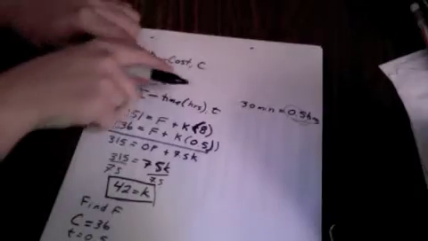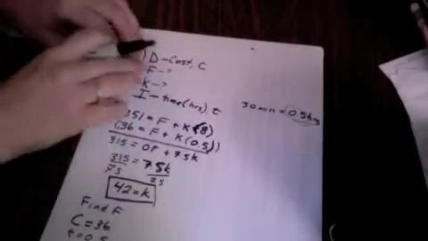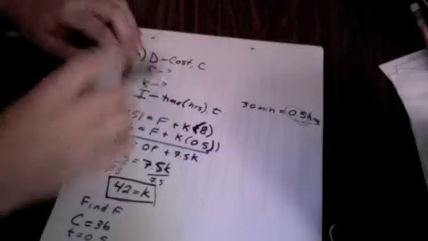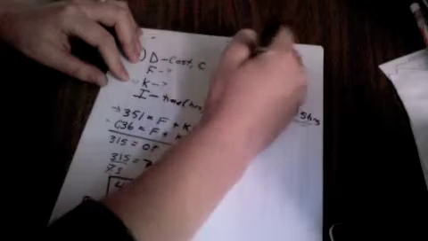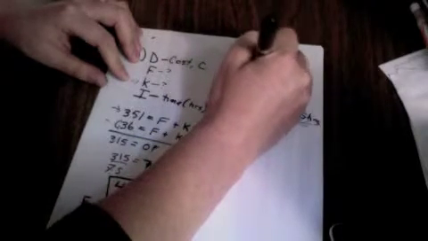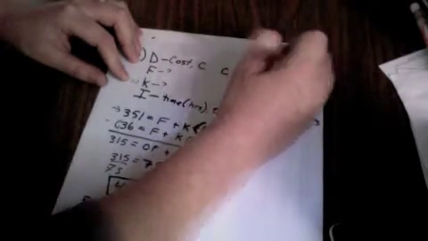Now, if we go back up here, let's just express this not knowing our K's and F's. So that would be C equals F plus KT.